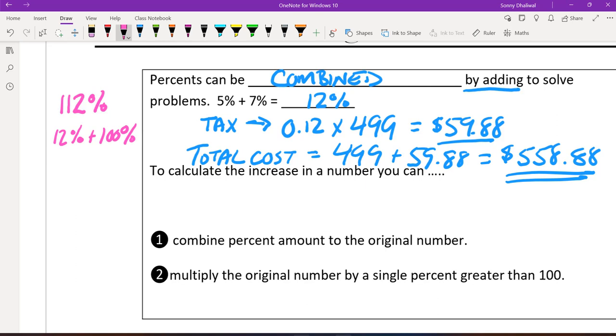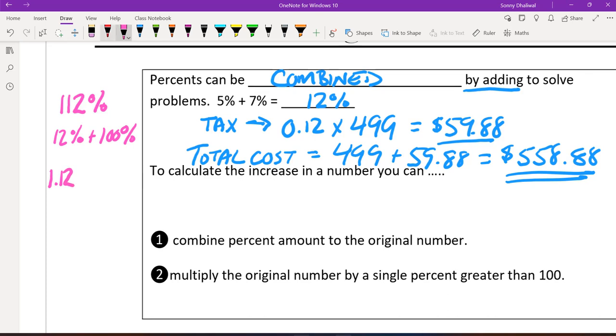So altogether, you're paying 112, right? If we want to do this all in one step, we could work with 112. So we convert 112 to a decimal. What do we get? Morgan? 1.12. Yeah, 112 divided by 100.